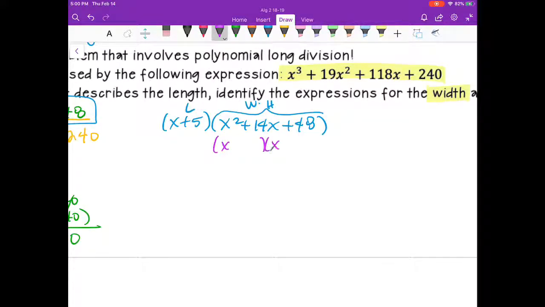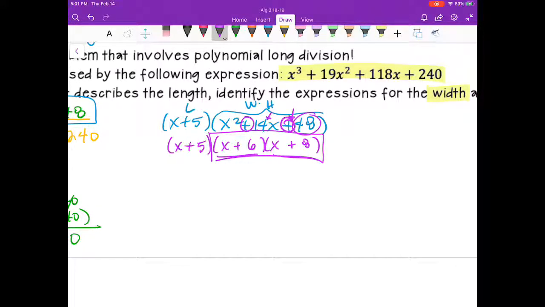So I need two numbers that multiply to 48 and add to 14. That's 6 and 8. My signs are the same. They're both positive. So I have x plus 5 for my length, and x plus 6 is maybe my width, maybe it's x plus 8. It doesn't really matter as long as we recognize that x plus 6 and x plus 8 are my width and my height, in either order.